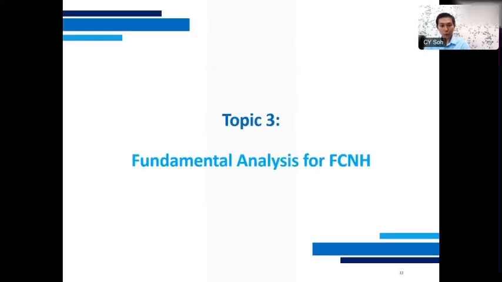And lastly, of course, fundamental analysis for FCNH. I'm not going into technical analysis because I believe a majority of you are quite proficient in it. However, technical analysis, how you identify the trend, support and resistance, and how you look at price patterns, is basically a similar approach, or even the same process, for analyzing currency futures.